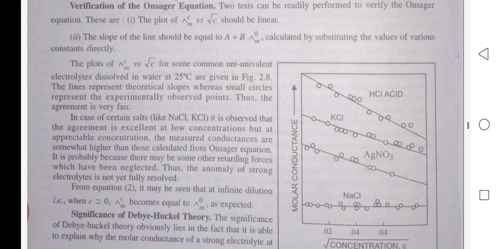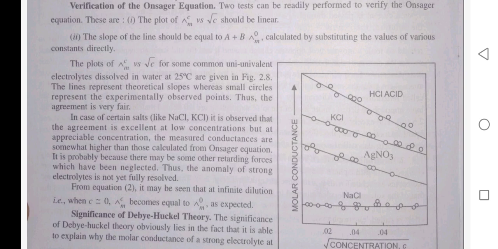The plot of Lambda m versus root C for some common univalent electrolytes dissolved in water at 25 degrees Celsius. The lines represent theoretical slopes, where small circles represent the experimentally observed points. Thus, the agreement is very fair.